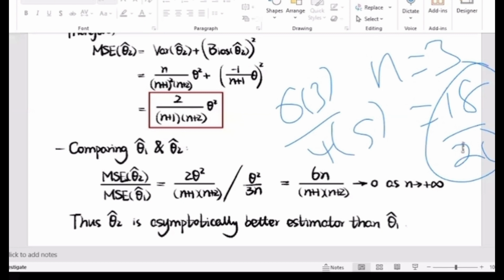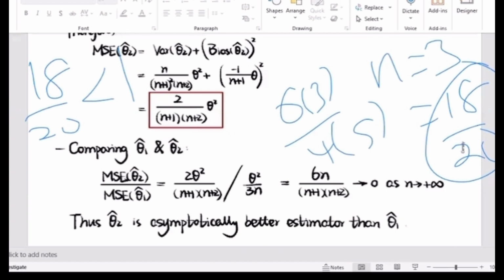Now, 18 over 20 means less than 1. When a ratio is less than 1, it means the denominator is bigger. That's why the ratio is less than 1. And don't forget, we're looking for the estimator with a smaller variance or smaller mean square error.